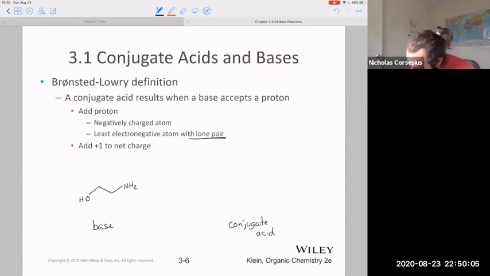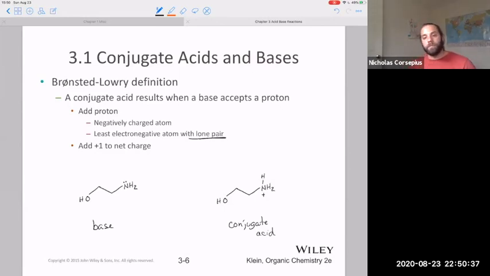In this case, nitrogen is less electronegative than oxygen. So the conjugate acid, again, I'm just going to duplicate this. The conjugate acid is going to be the protonated form of the base. So I'm going to stick a proton on my base. And then again, I got to pay attention to formal charges. My formal charge has to increase by +1. So that means that I will have a positive formal charge on that nitrogen.